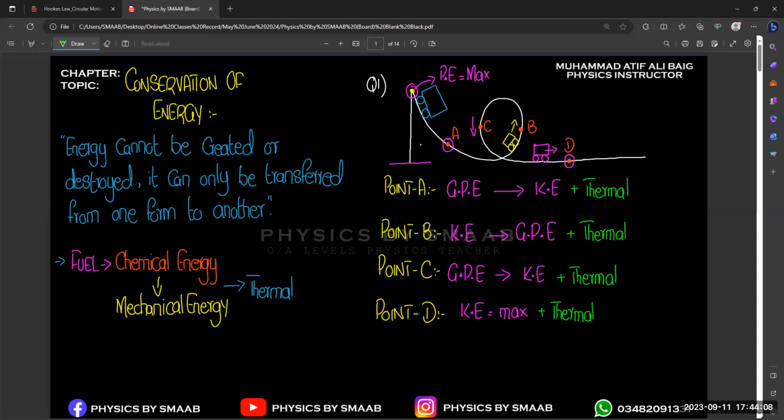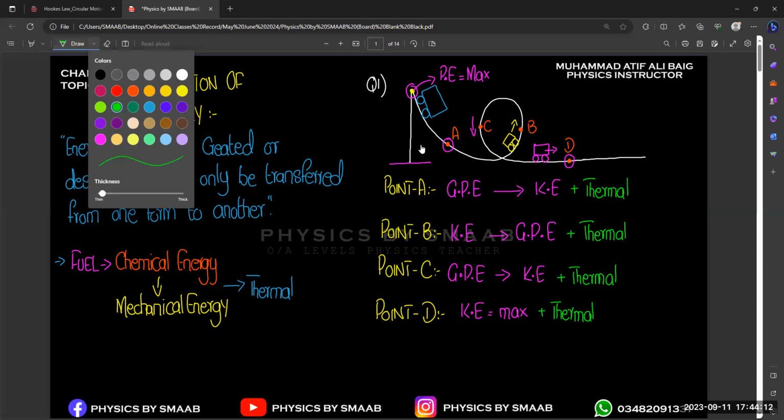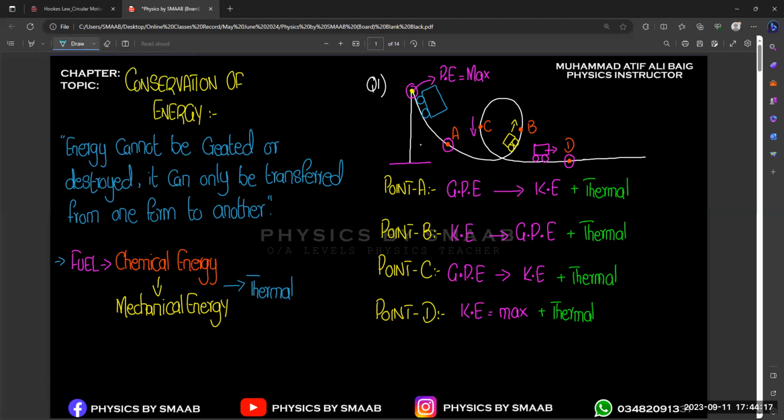So in simple words, if we take the concept of total energy, initially we have some amount of energy, like at the maximum point we have maximum potential energy.